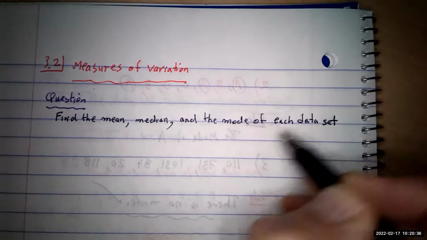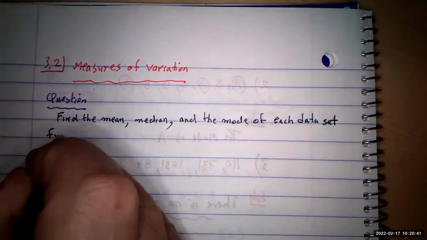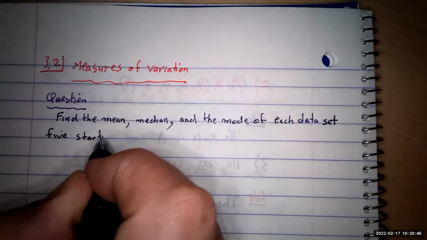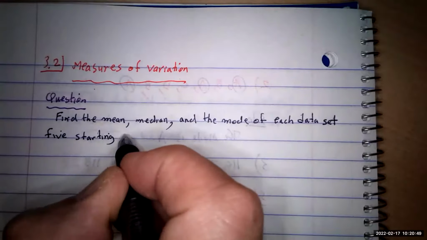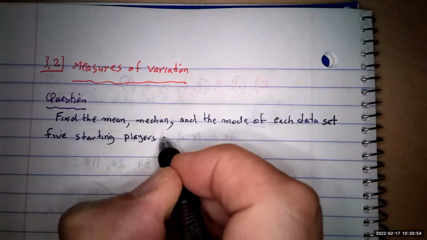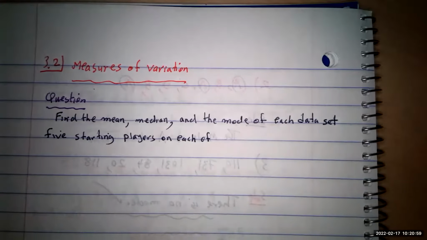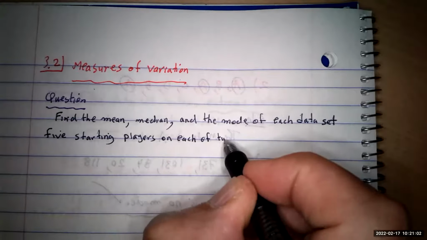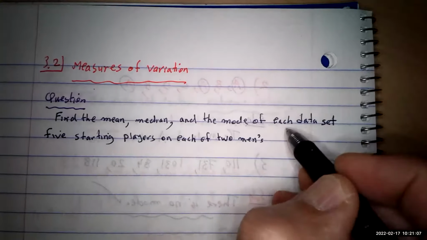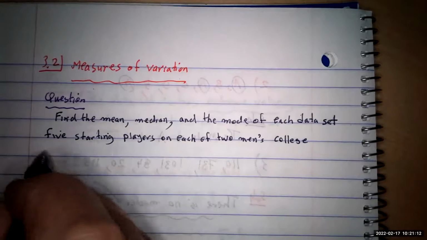And this set is going to be the 5 starting players on each of 2 men's college basketball teams, whatever college basketball team.